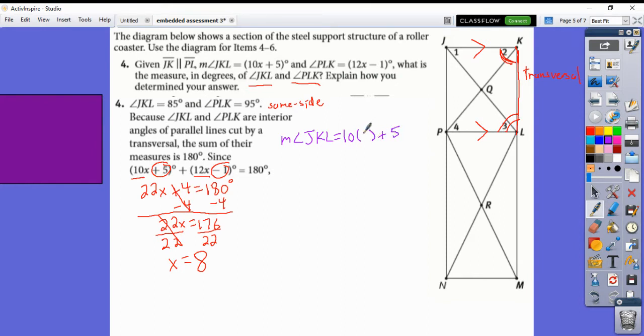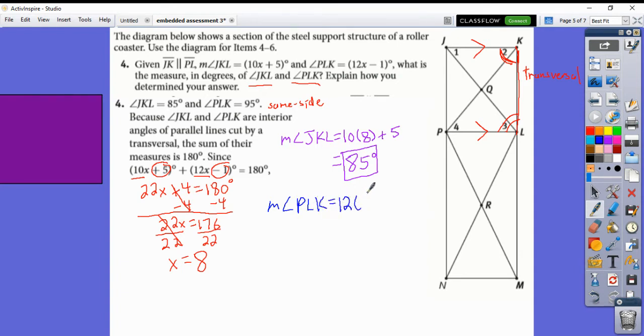Well, we know that x is 8 now, or at least that's what this equation told us. So 10 times 8 is 80, plus 5 more, that's going to give us 85 degrees. And the way that we can check that x equals 8 is really right is we better get an angle measure for angle PLK that we can add to 85 degrees and get 180 degrees total. If not, something is goofed up.